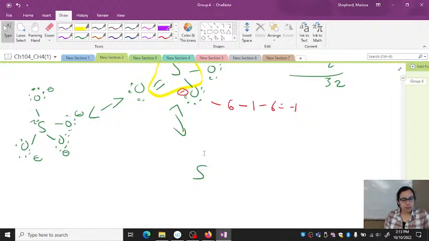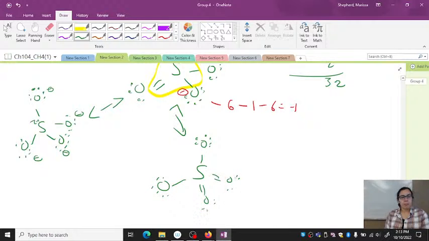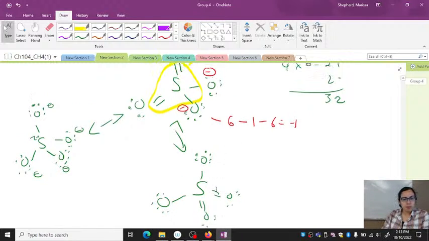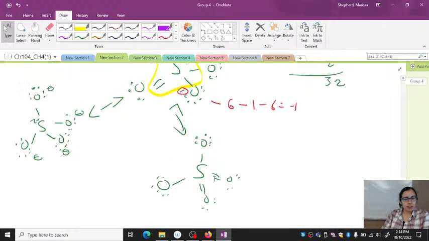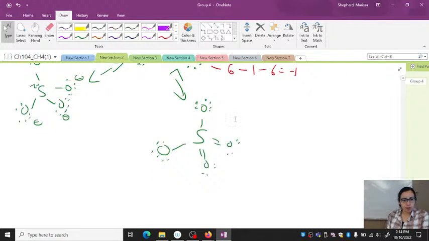So just emphasizing it doesn't matter where the double bond is, because really it's kind of an average of all these structures. So we can make these ones single now. You could alternate them. And so you would find in reality it's kind of an average, so you would add up all your bonds.